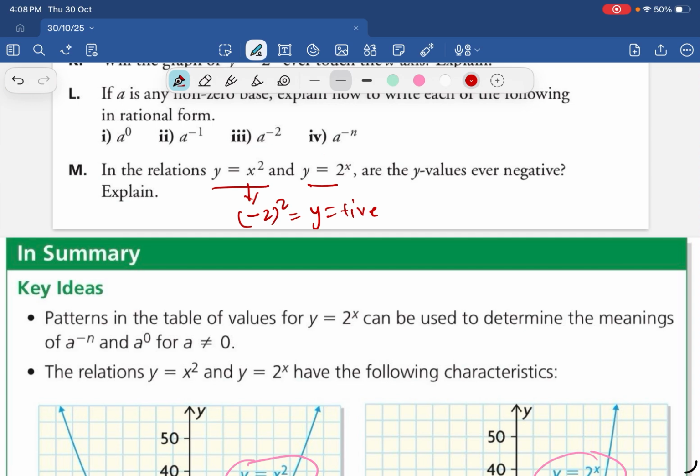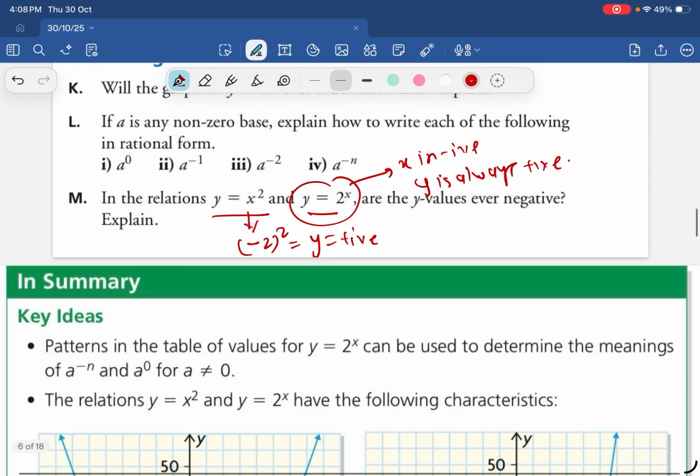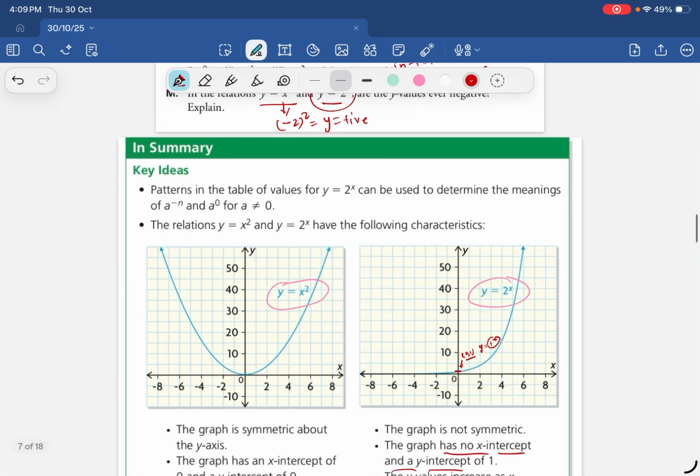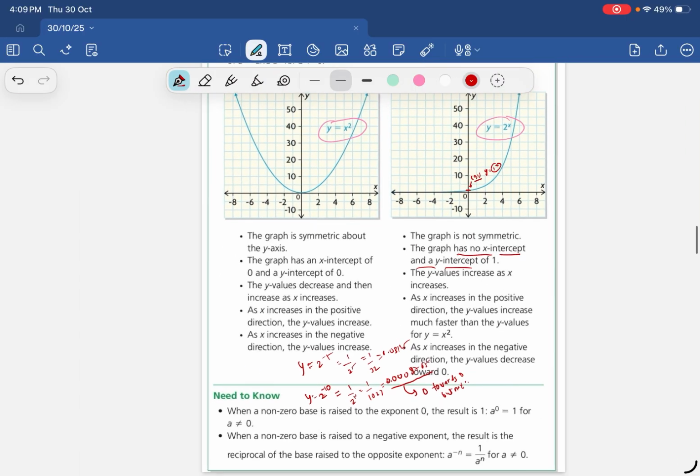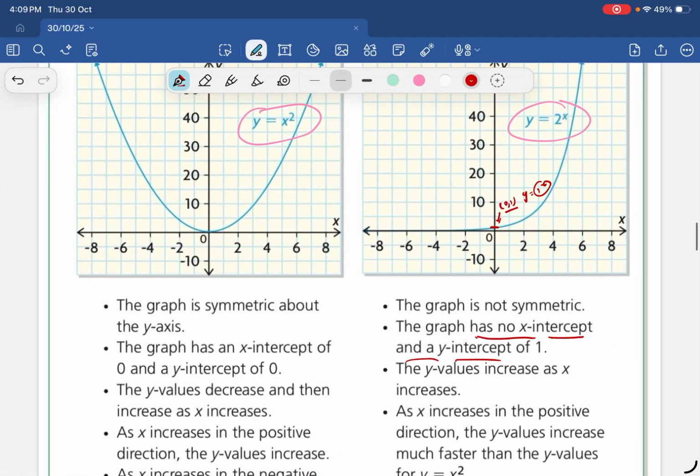As well as for y equals 2 to the power x, if we substitute a negative x value, we get a y value that is always positive.